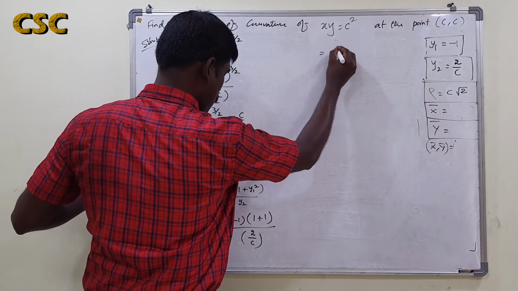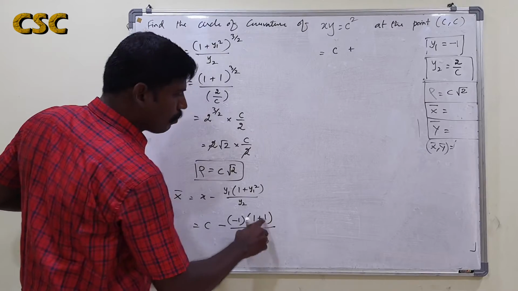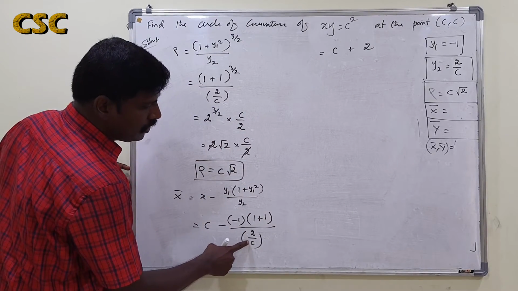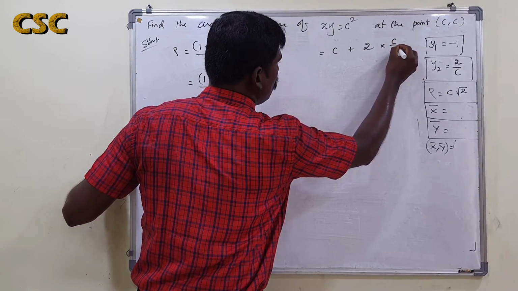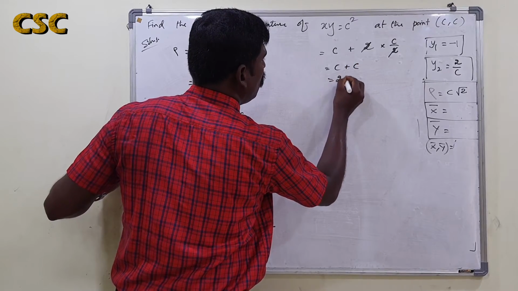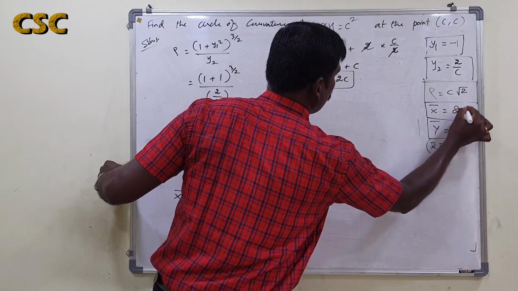Therefore, that is equal to c. This minus minus becomes plus, 1 plus 1, 2 by 2 by c. This becomes reciprocal multiplication, so it becomes 2c by 2. You can cancel that 2 with 2. So c plus c, that is equal to 2c, the value of x bar.